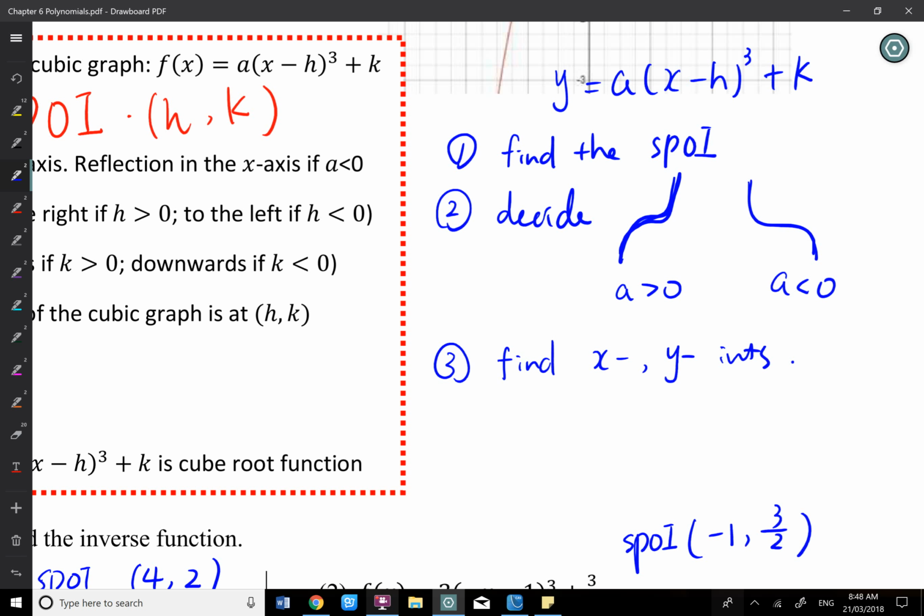This form is not something you find, you can't find it. That's when they give it to you directly. They give you the form, this is a cubic graph, it looks like this, and you sketch it. They can't give you a general equation and have you make it into this cubed form. It's not really possible for you to do that now.